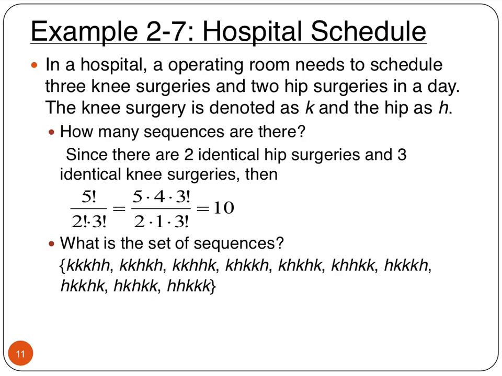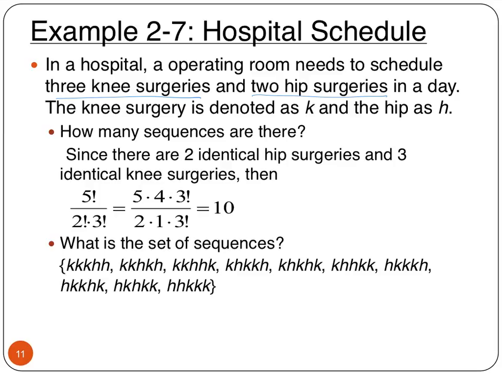Here is an example on the case of the subsets of similar objects. Assume that in a hospital an operating room needs to schedule 3 knee surgeries and 2 hip surgeries in a certain day.